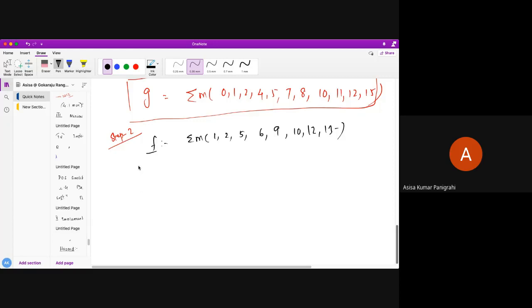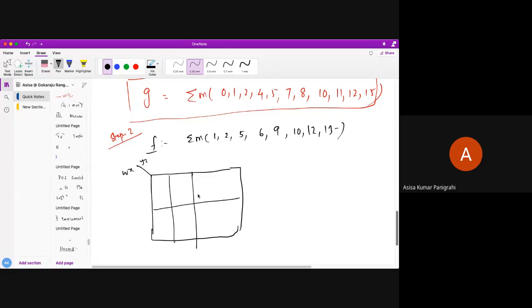So we know how to construct this function F. It's a 4 variable function, obviously. The variables are w, x, y, z. So I have taken w, x on this side and y, z on the other. Both are SOP, so I'll just construct the SOP, which means you have to put 1 for all the minterms present in the function. So this is my y bar z bar, y bar z, y z, y z bar, w bar x bar, w bar x, w x, w x bar.